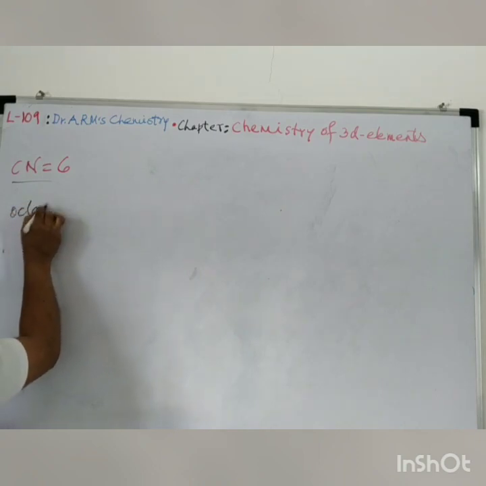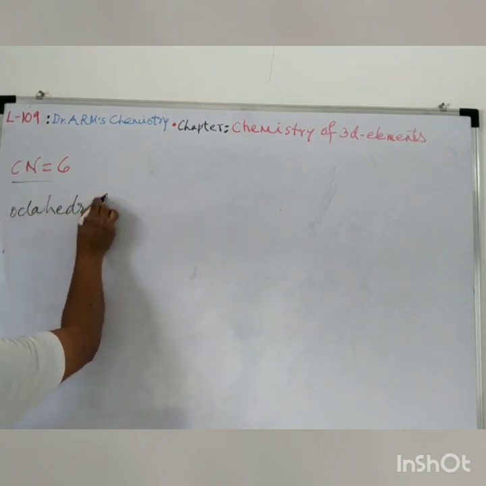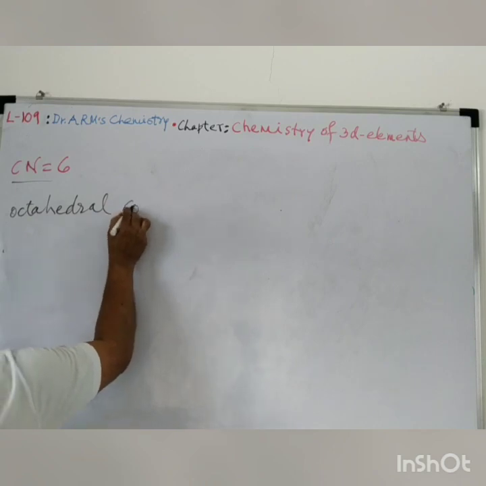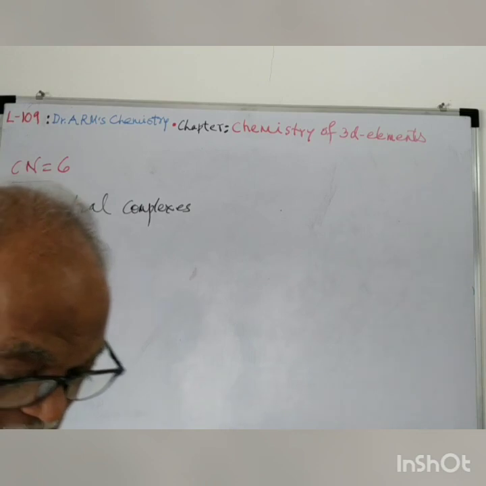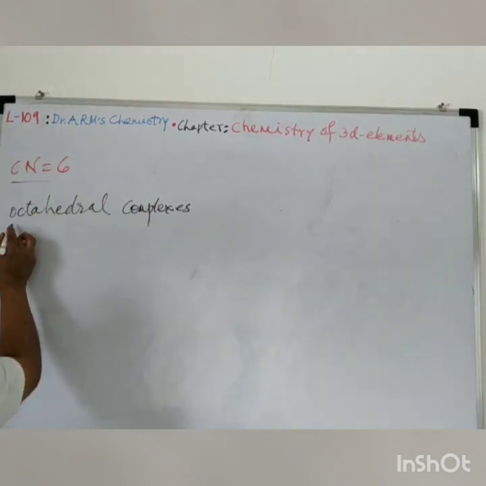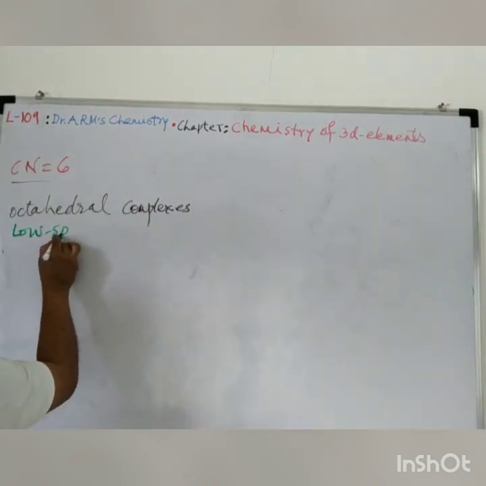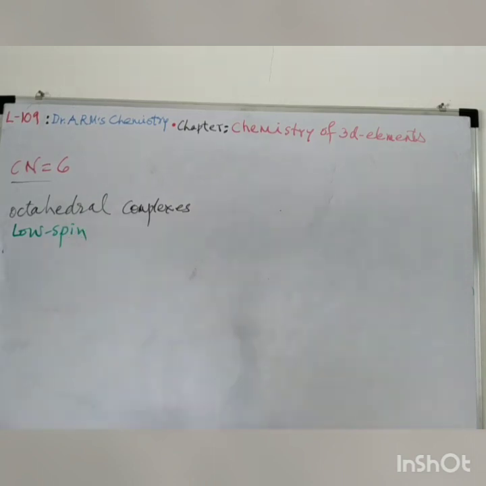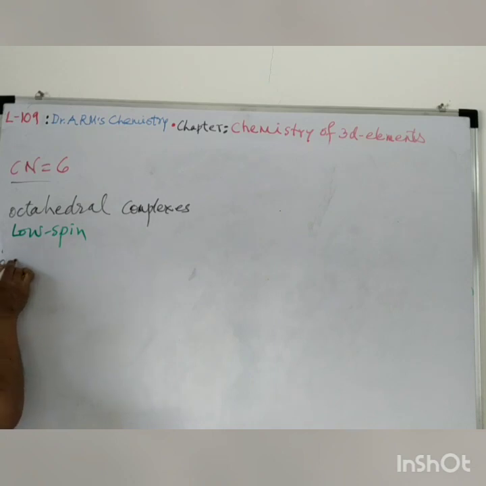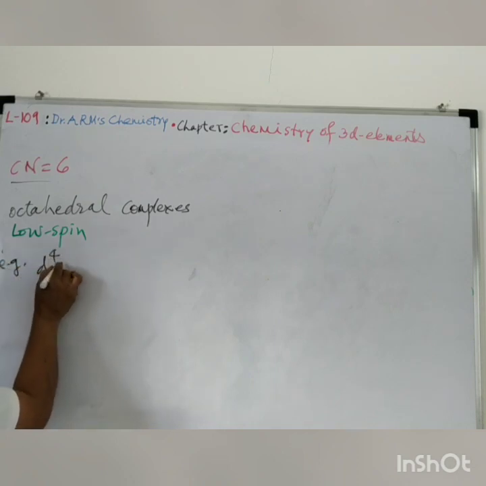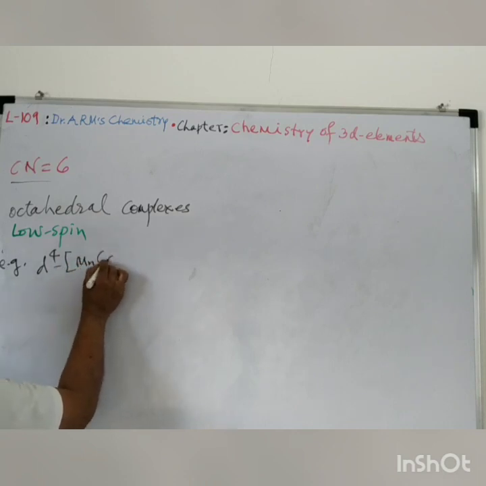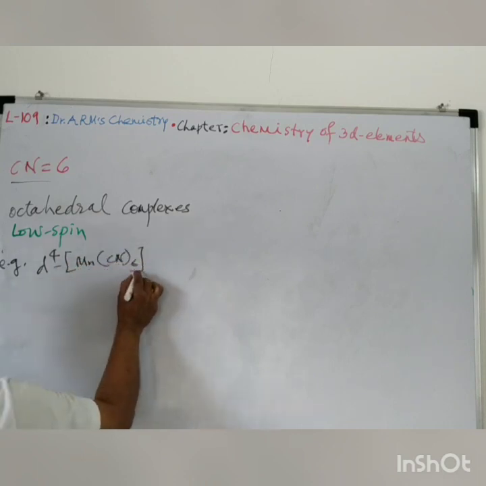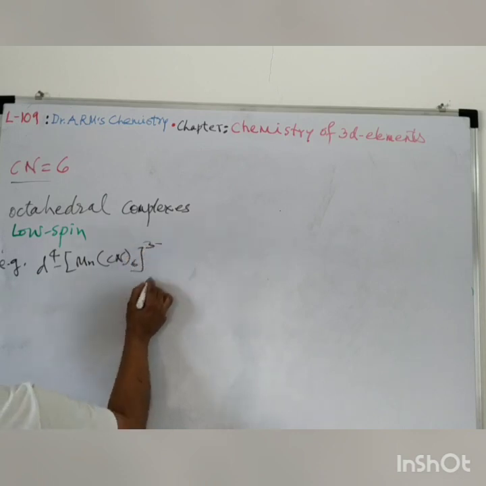Octahedral complexes with low spin nature. For example, with d4 configuration, Mn(CN)6 3 minus.